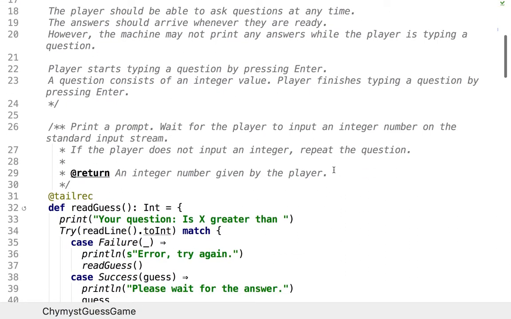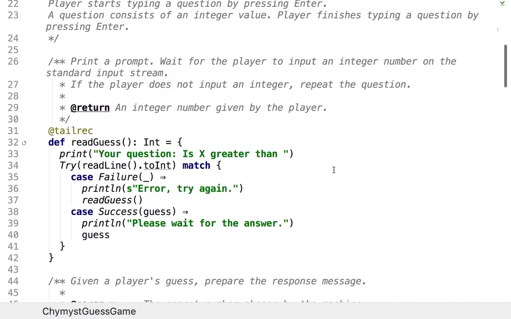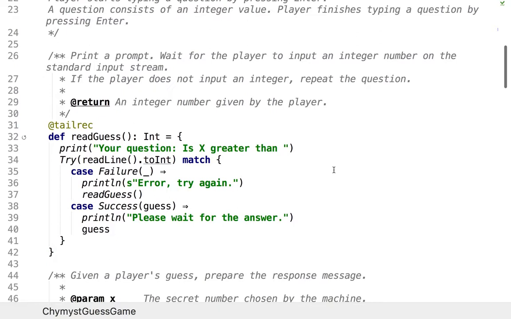So let's first get out of the way the various helper functions that implement the specific computations and messages in the game. So the first function would be to read the player's question.